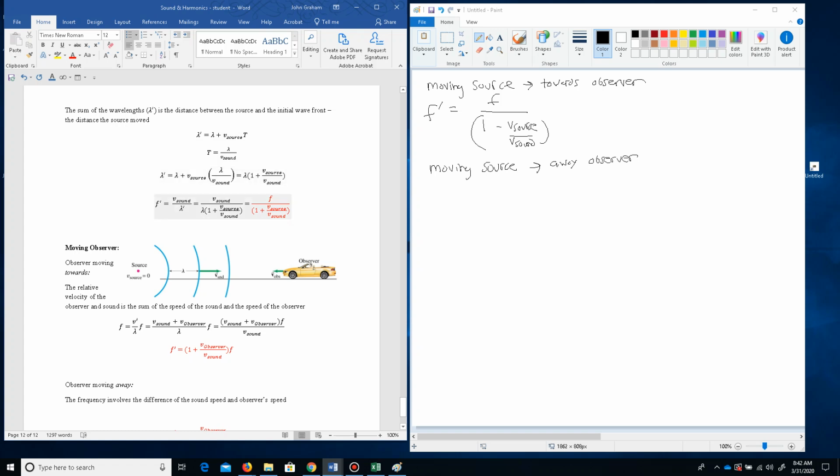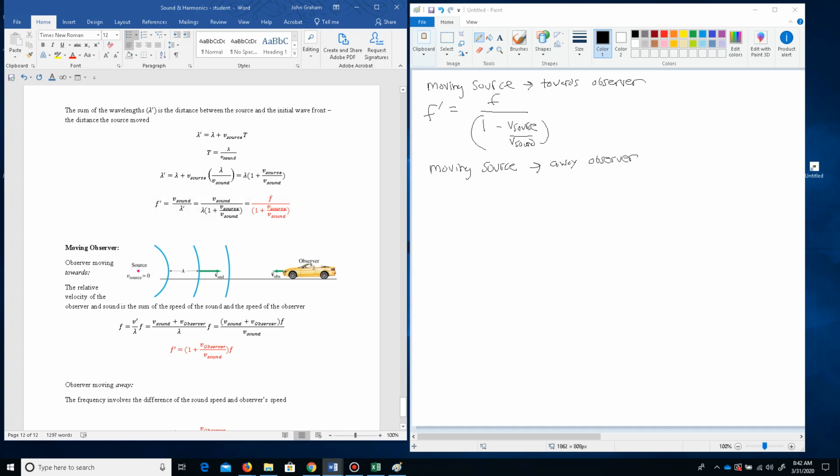And then again, very similar for frequency, the new frequency is v sound over this new wavelength, which is now the old wavelength times 1 plus v source over v sound. And so in a similar way, this v sound over the old wavelength is the old frequency.